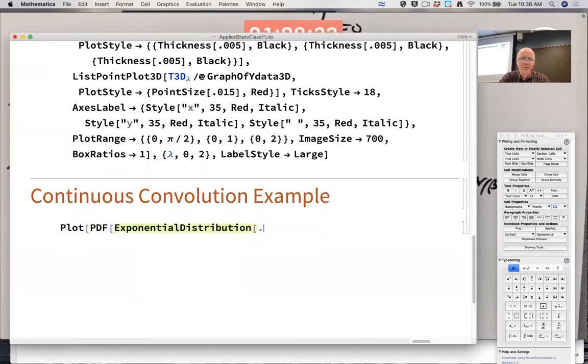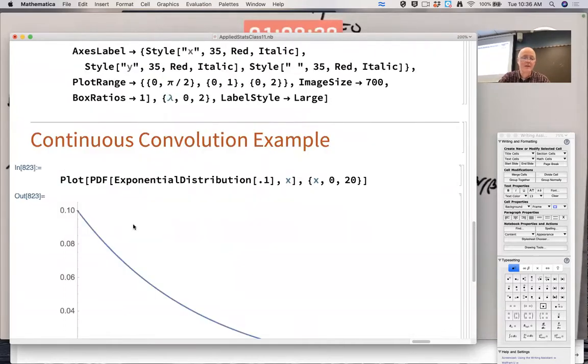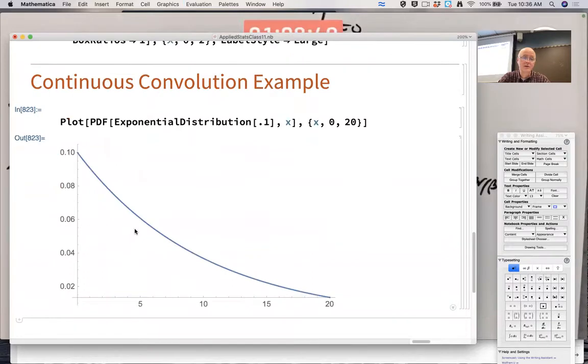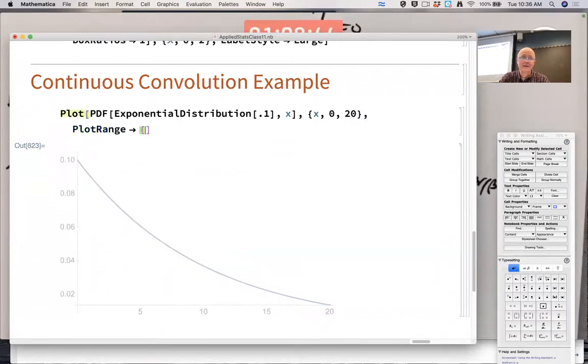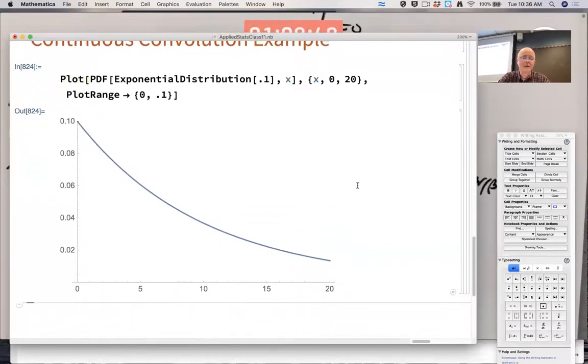Actually, the number you put in here is not the mean. I put a 0.1 in there. That's actually 1 over the mean. That's the way Mathematica does it. So the mean here is 1 over 0.1, which is 10. There's an exponential distribution with a mean of 10. Didn't put the origin on the right spot. There we go.